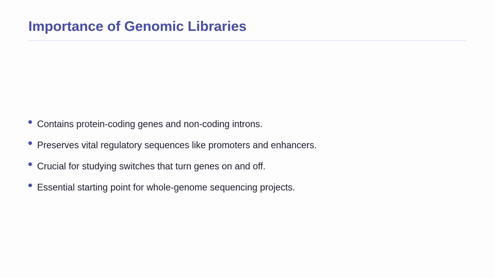This includes not just the protein coding regions, but also the non-coding introns and the vital regulatory sequences, like promoters and enhancers. Genomic libraries are absolutely crucial when scientists want to study these regulatory switches, map out the exact genetic makeup of a species, or trace deep evolutionary history.